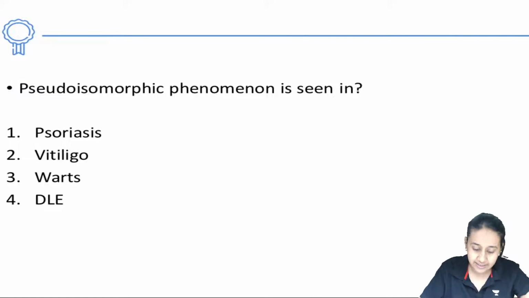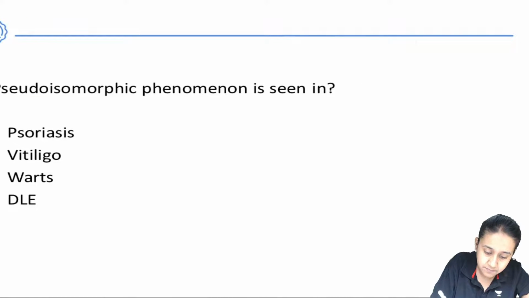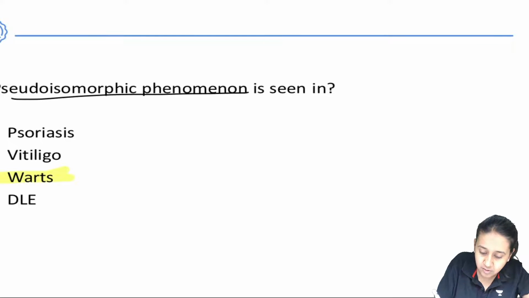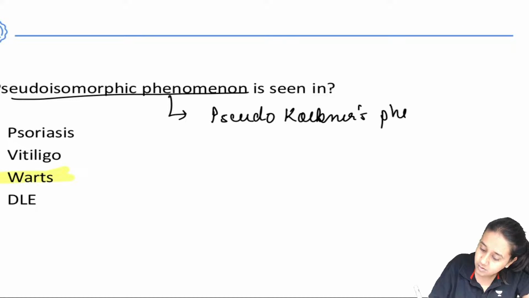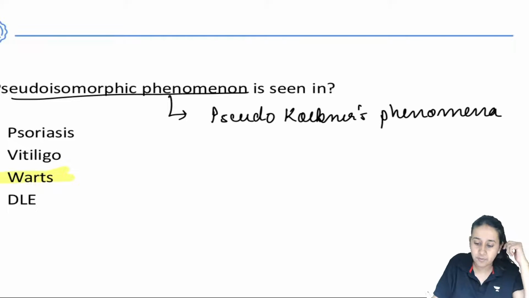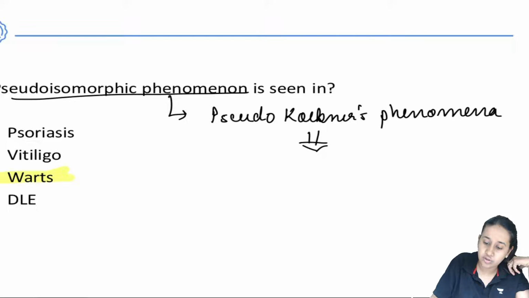Please remember, the correct answer of this question is option number... Pseudo-isomorphic phenomenon, or pseudo-Koebner phenomenon, occurs because of auto-inoculation.